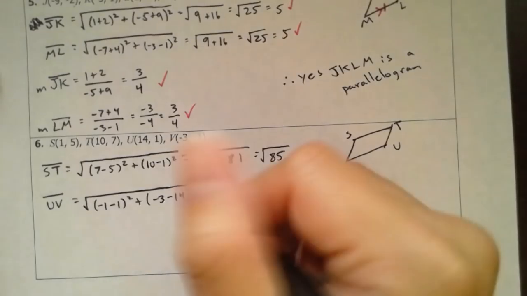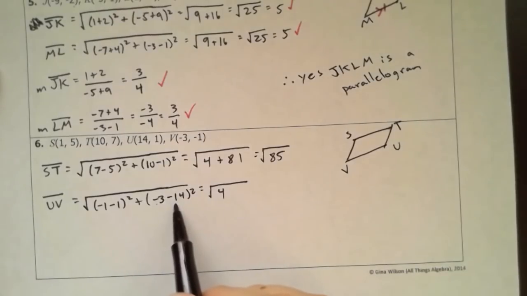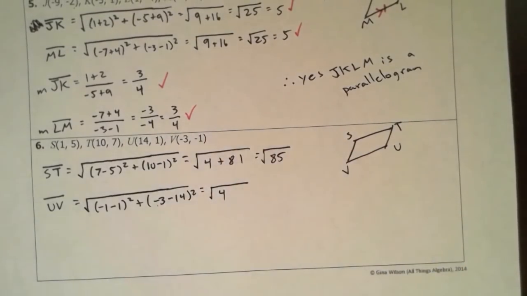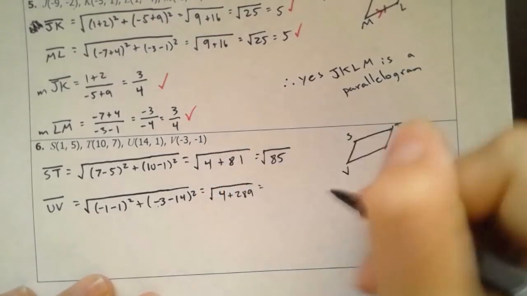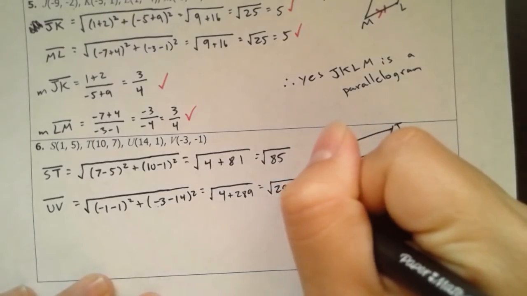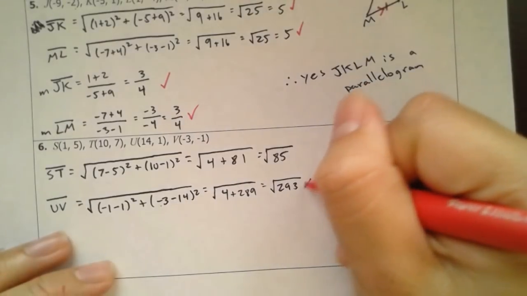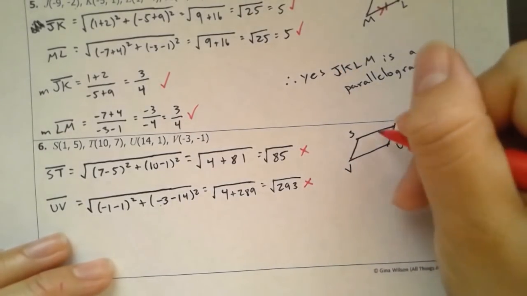Negative 2 squared is 4. Negative 3 minus 14, that's negative 17. Negative 17 squared, you can use your calculator for that. You're going to get 289 plus 289. And this is square root of 293, and those are clearly not the same. And you can stop right there, because that means that those two are not congruent.